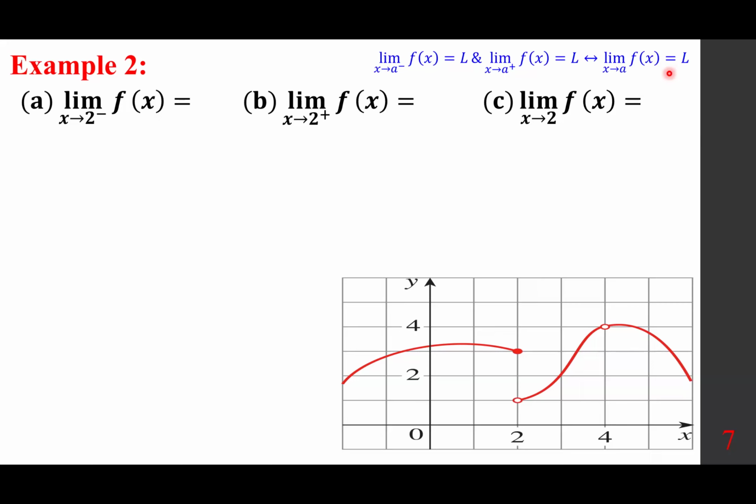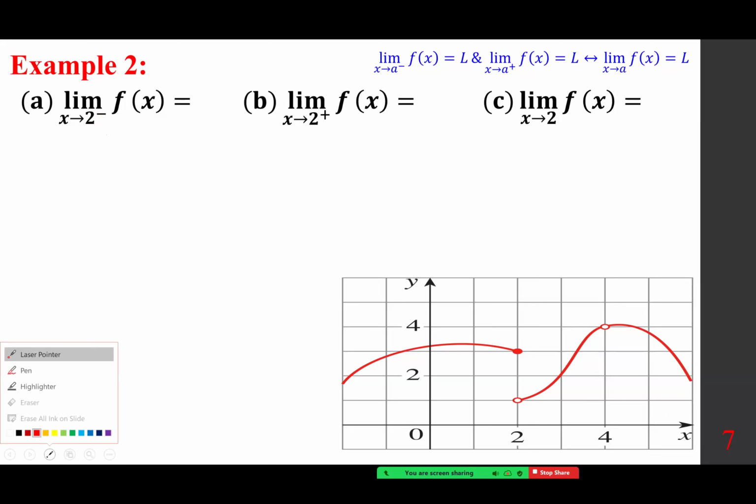All right, let's look at the first case. As x approaches 2 from the left, means we are coming at 2 this way along the x-axis. So as far as the curve is concerned, we are coming this way, moving towards this point, which has the y coordinate 3.